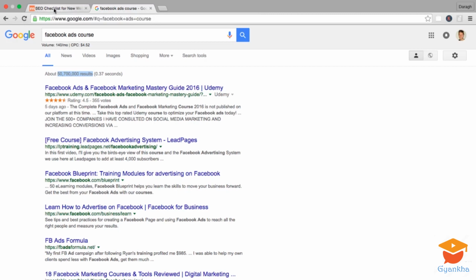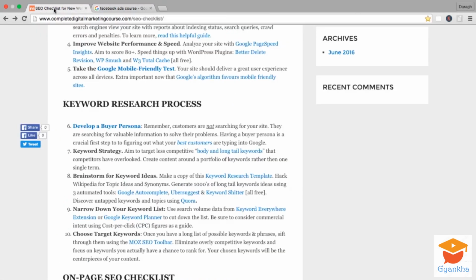There'll be businesses that are going after them that have been set up for 10 years. You've really no chance to rank for those. You'd be wasting your time. So what you should really do is approach this strategically. You want to aim for less competitive keywords, and really you should be thinking about, right from the start, aiming to create content around body and long tail keywords.